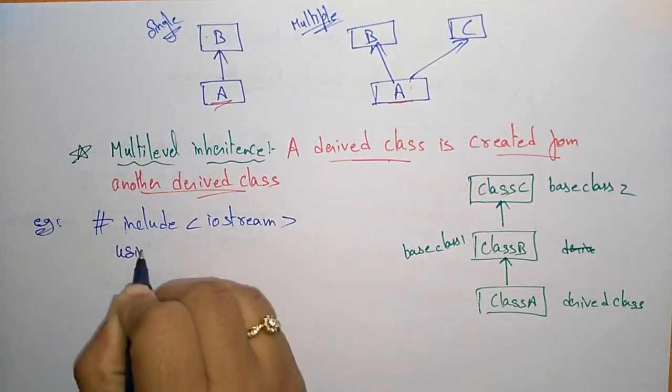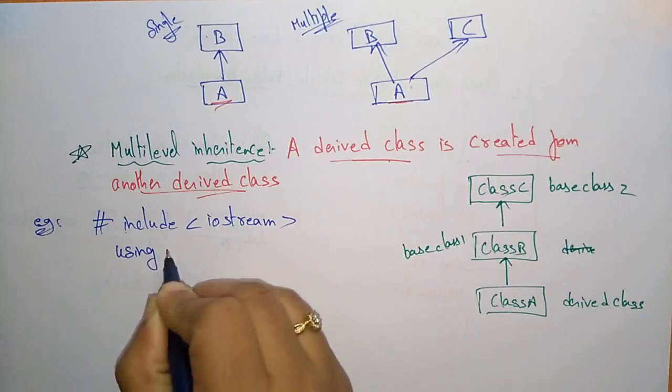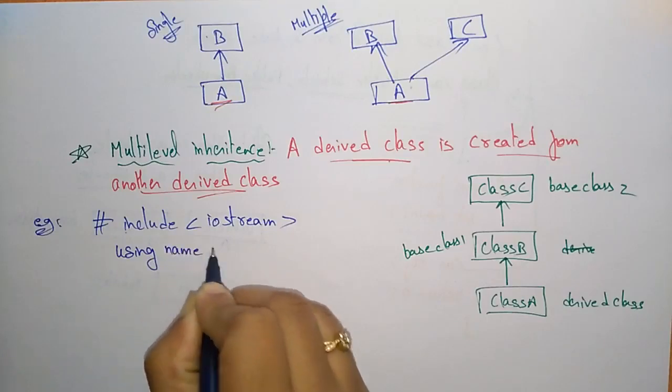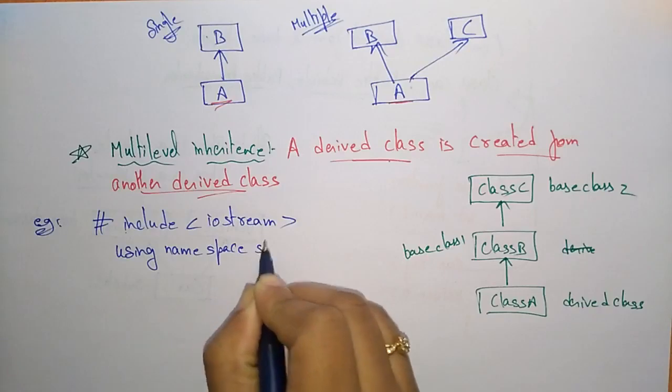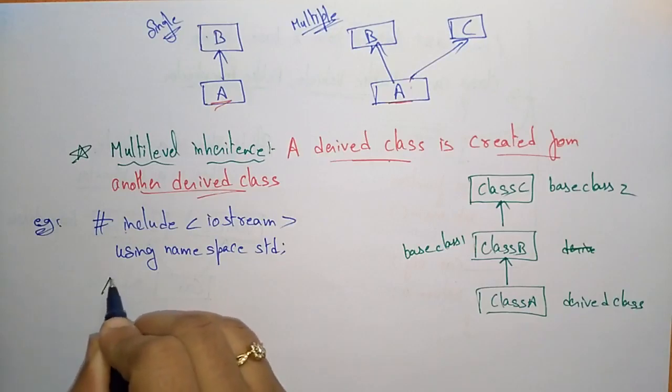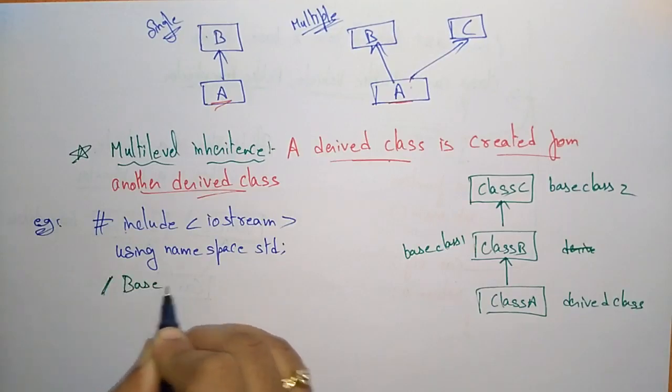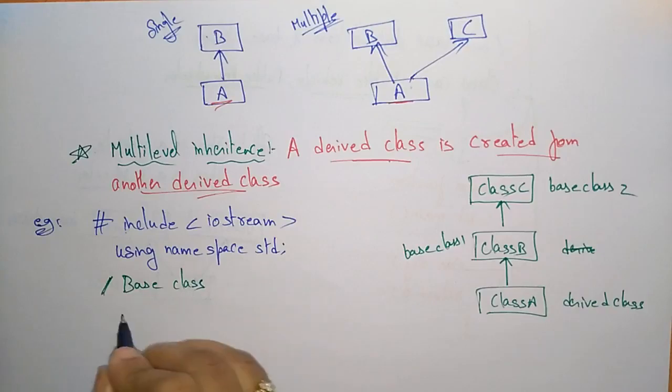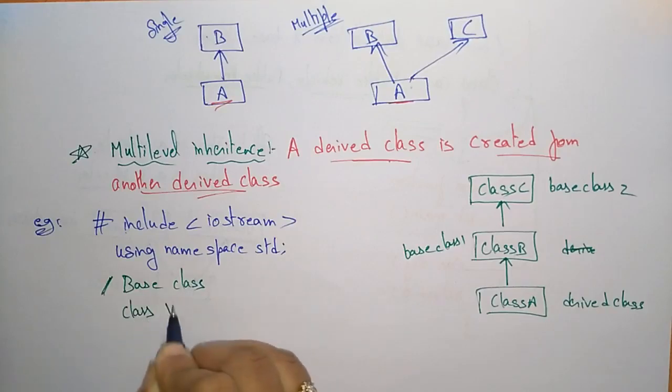This is multi-level that I am explaining, using namespace std. Now coming to the first base class. For this base class, I am writing the class vehicle.